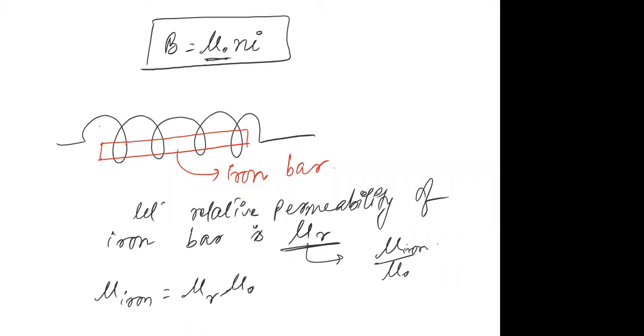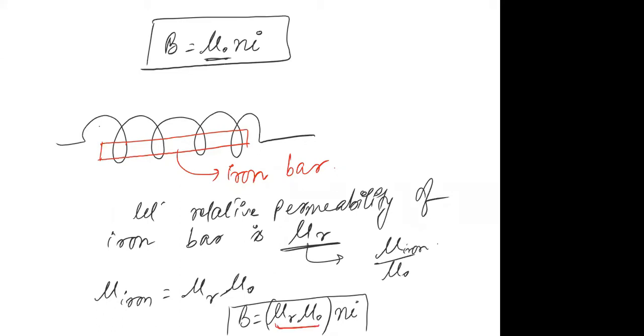In that case, the formula of the magnetic field of the solenoid will take this form: mu r mu naught into n into I. Did you understand what I said till now? If you have some other medium inside the core of the solenoid, then instead of writing only mu naught, you will write the product of relative permeability and mu naught. Is it clear?